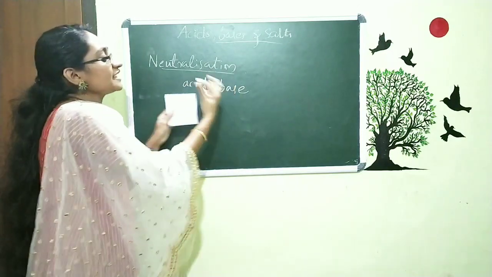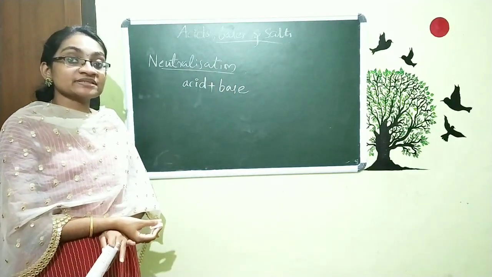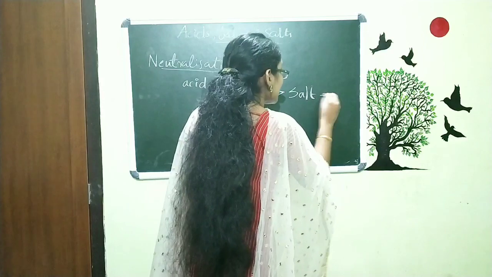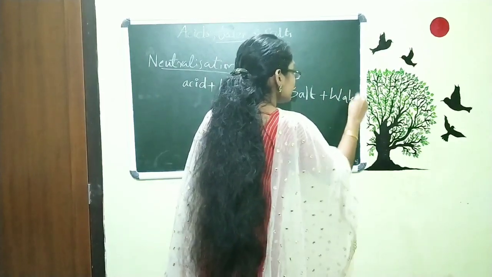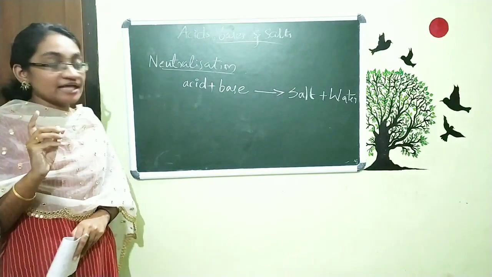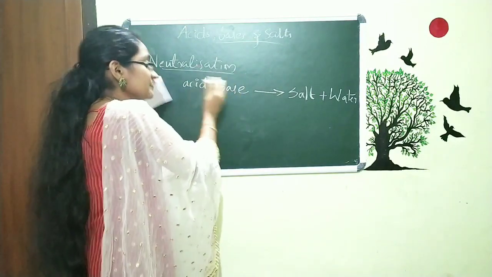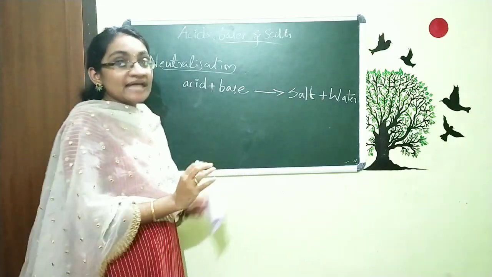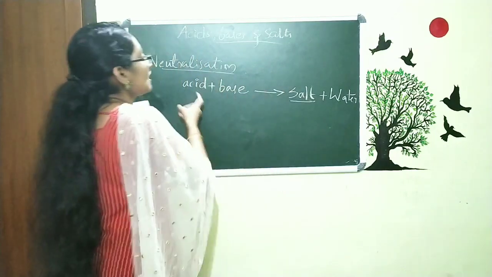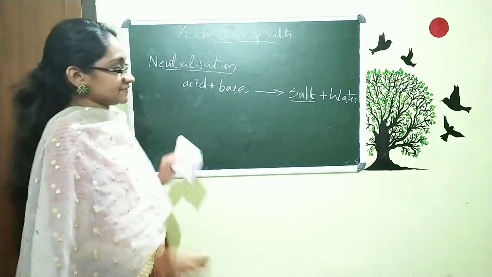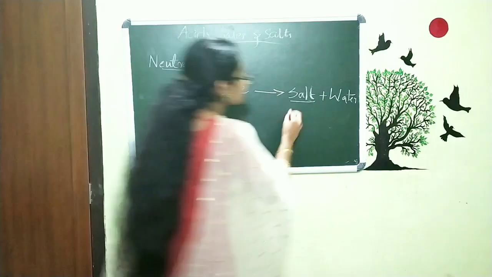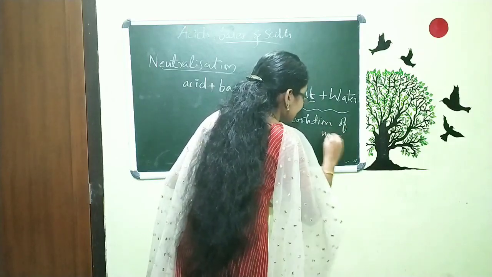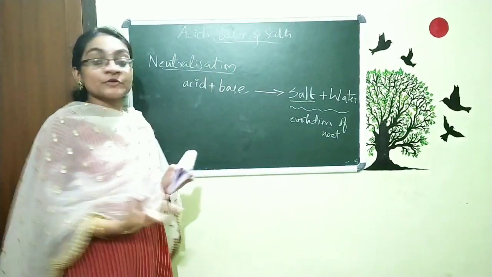When acid and base react together, what is the product we get? We get the product as salt and water. And when we combine a particular type of acid and base, we get a particular type of salt. The type of salt we get depends upon the selection of the acid and base. And also one product is the evolution of heat. That means in this reaction they produce heat.